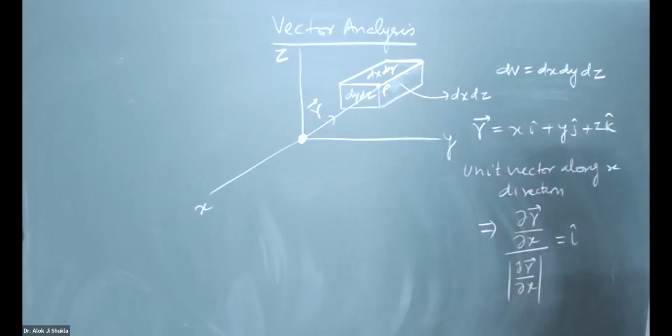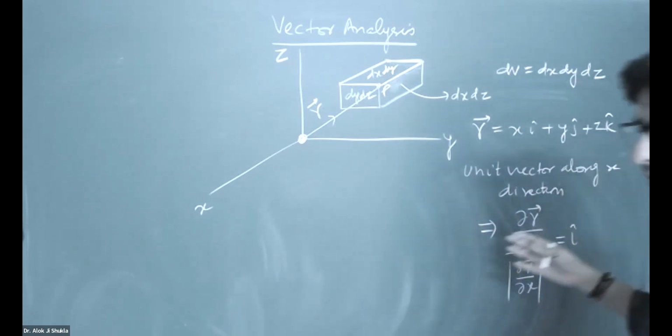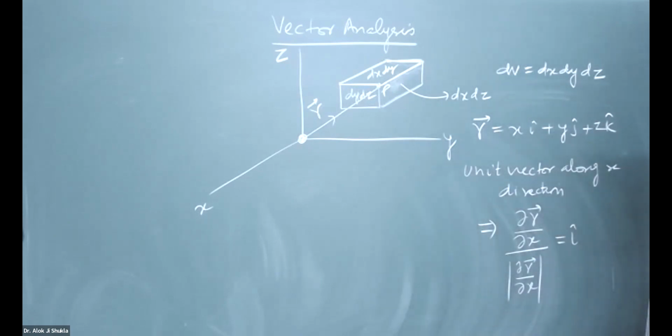Please see this. If you want a unit vector along x, y, and z, it is given by del r by del x over mod of del r by del x.